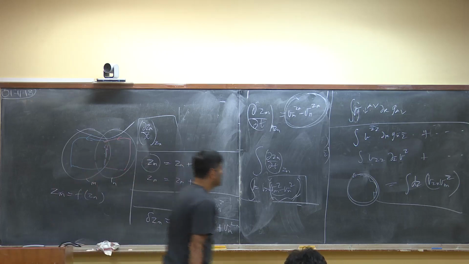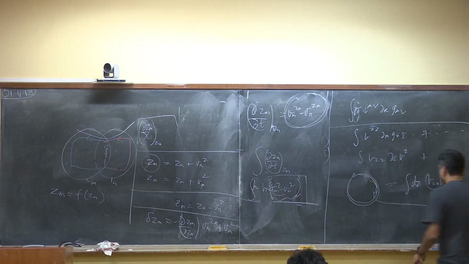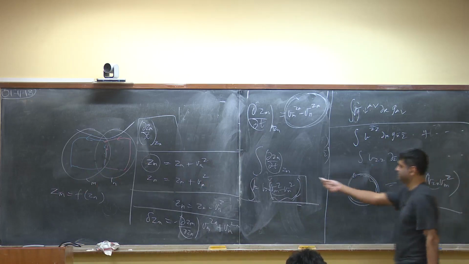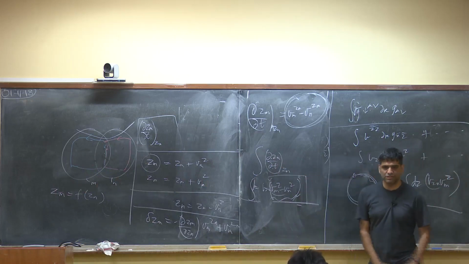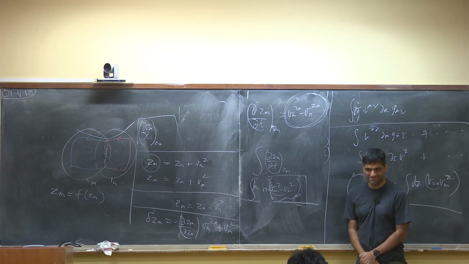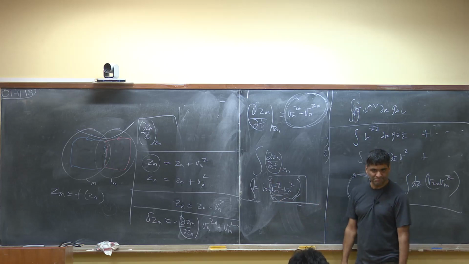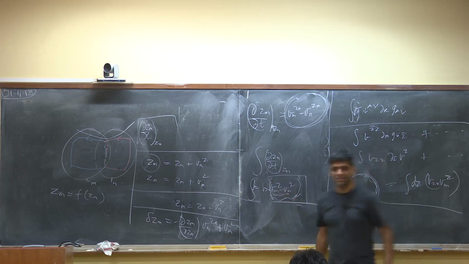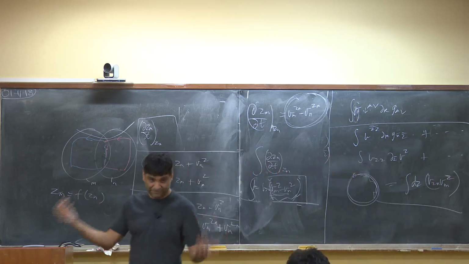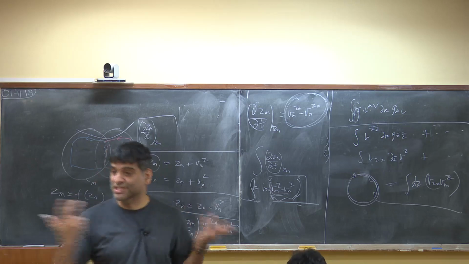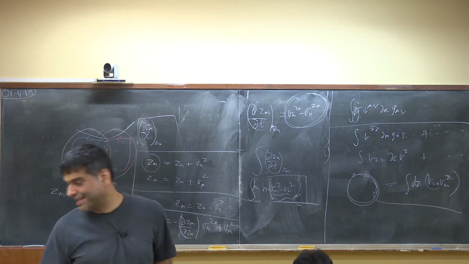Once you have the transition functions, compute this quantity. It's completely defined by the transition functions. That quantity is what goes in here. Integrate with B over contours, and that gives you your measure for the moduli space integration.